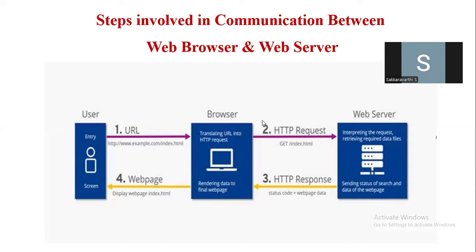After obtaining the IP address from the DNS server, the browser will establish the TCP connection with the server. The server in turn sends a response message if the resource is available and sends it back to the client. Here the browser will render the actual response message. So this is the communication between the web browser and web server.